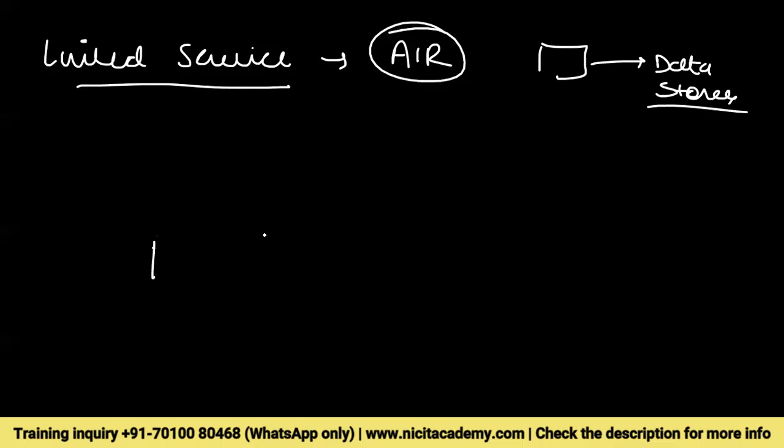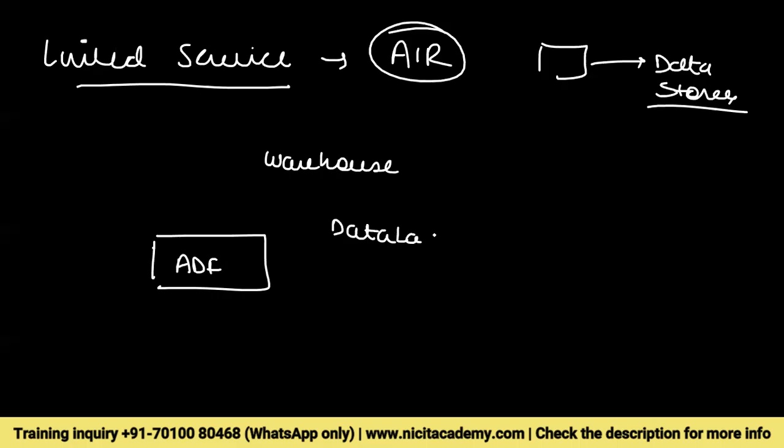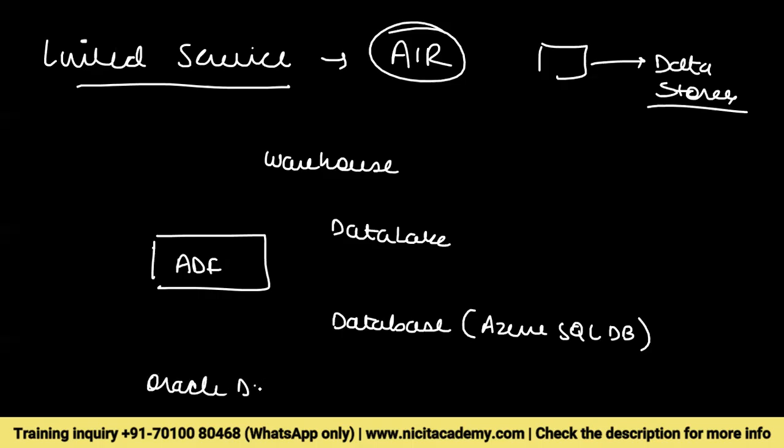A linked service is basically this: from your ADF, there are multiple types of destinations. I want to put data into a warehouse. I want to put data into a data lake. I want to put data into a database. This could be Azure SQL DB or Oracle DB; multiple types of databases are there. Or let's say I want to put it into Snowflake, another data warehouse.